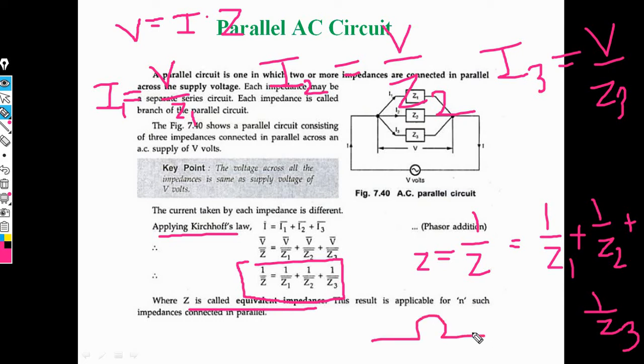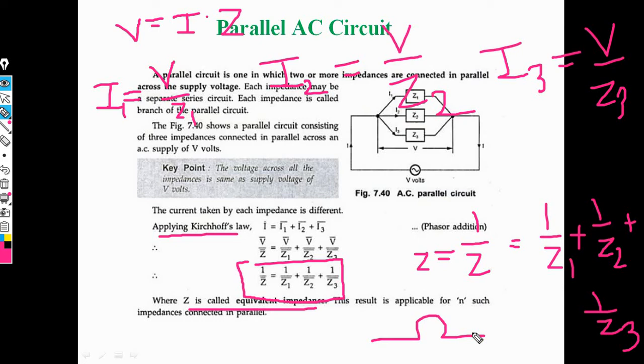Now this is the simple AC parallel circuit, in which 2 or more impedances are connected in parallel across supply voltage V. Here we apply Kirchhoff's current law: I bar is equal to I1 bar plus I2 bar plus I3 bar, but I is equal to V by Z. Then I1 is equal to V by Z1, I2 is equal to V by Z2 and I3 is equal to V by Z3.